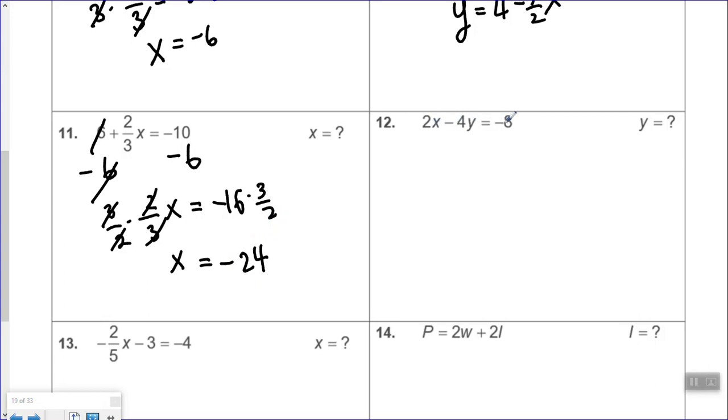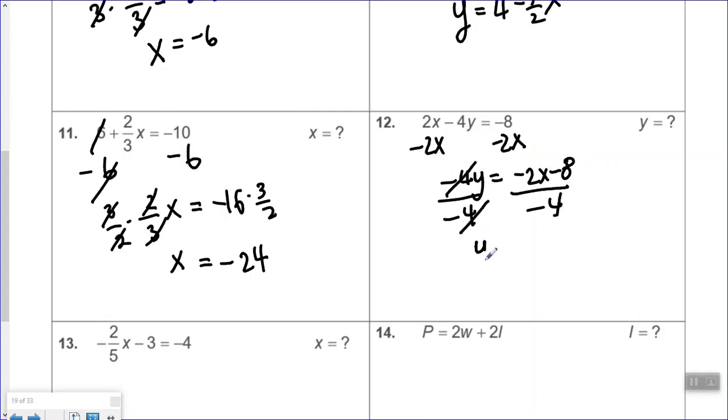2x minus 4y equals -8. You are trying to solve for y. Subtract 2x on both sides. -4y equals, here you can write -8 minus 2x or write -2x minus 8. Divide both sides by -4. -4 will cancel each other. y equals, now this is the same thing as -2x over -4.